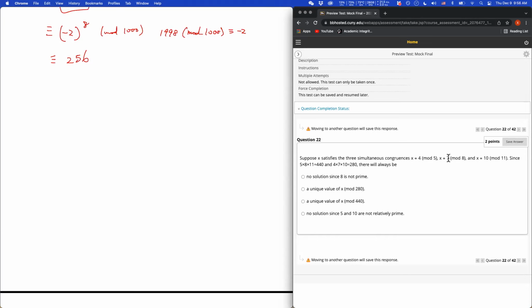If you check 5, 8, and 11, none of them share a common factor, so they are pairwise relatively prime. So there will be a unique solution modulo 5 times 8 times 11. That's 440, so there will be a unique solution mod 440.